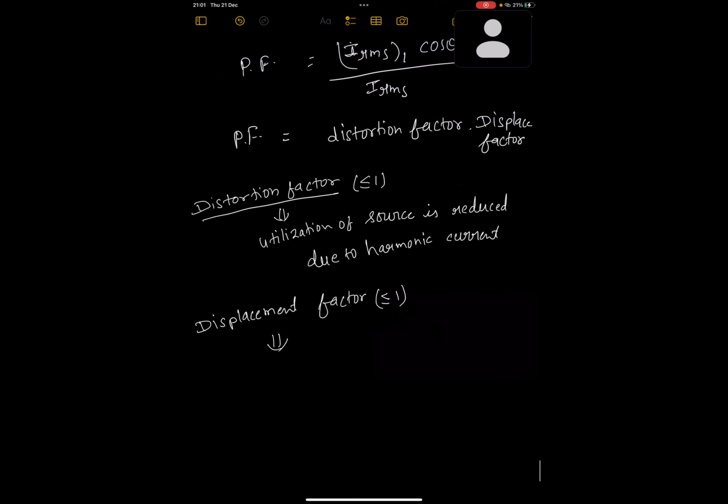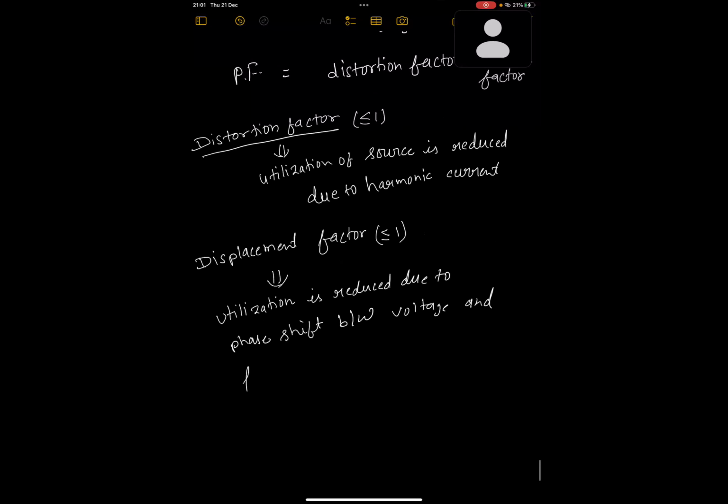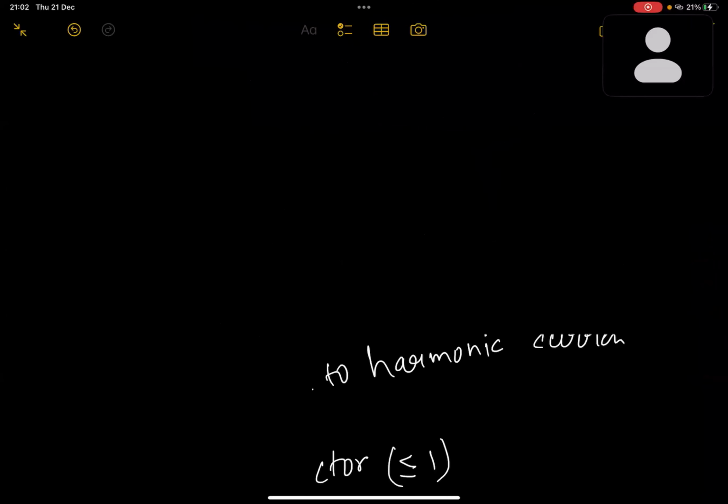The utilization is reduced due to phase shift between voltage and fundamental current.